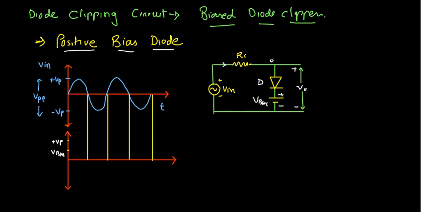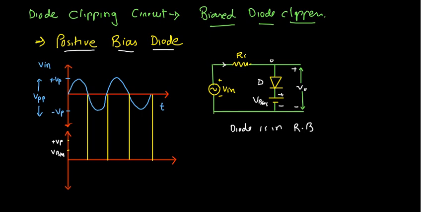Will the diode be forward bias or reverse bias? We can directly say that for the positive half cycle, for this condition, when this is zero and this some positive value, the diode is in reverse bias.